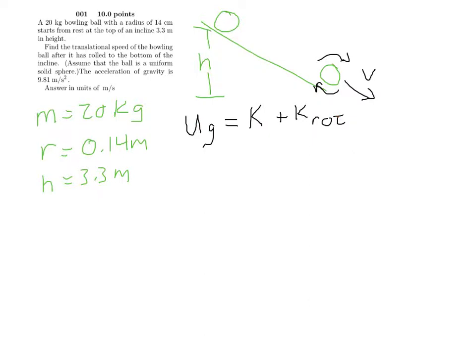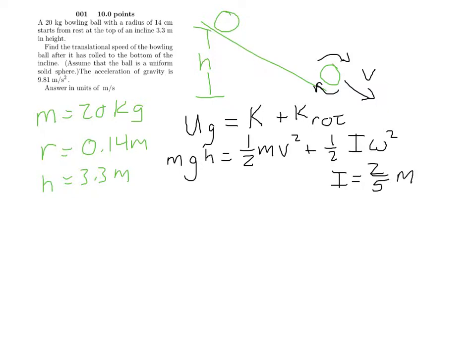So now I can remember that my potential energy due to gravity is going to be my mass times the acceleration of gravity times the height. And that's going to equal my translational kinetic energy, which is 1/2 the mass times the velocity squared, plus my rotational kinetic energy, which is 1/2 the moment of inertia times the angular velocity squared. Since we're dealing with a solid sphere, that has a specific moment of inertia: 2/5 times the mass times the radius squared.